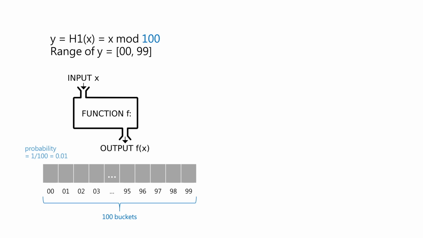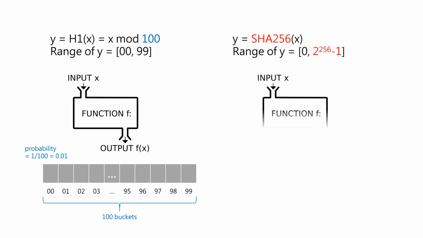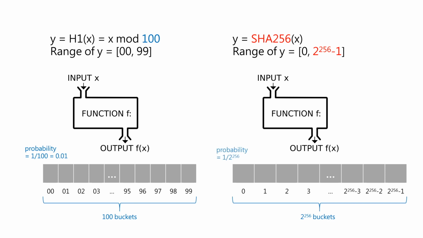Any arbitrary input has the probability of 1% to enter one of the buckets. And modern SHA-256 has 2 to the power of 256 buckets, and we consider that it is almost impossible to collide.